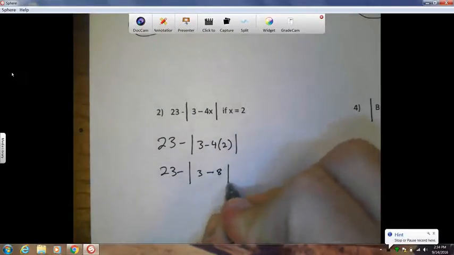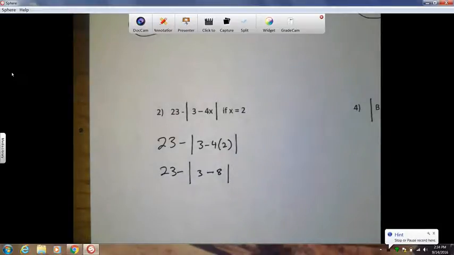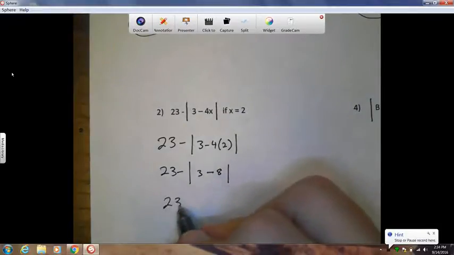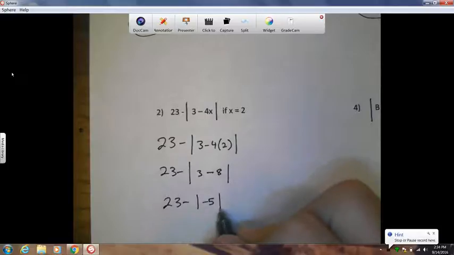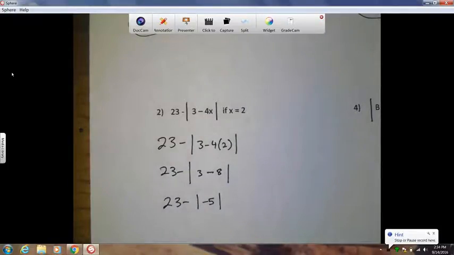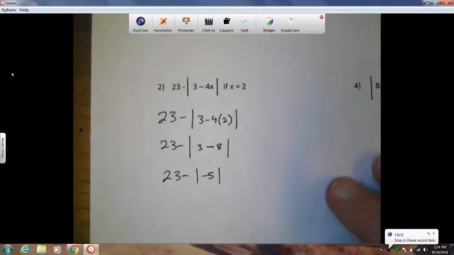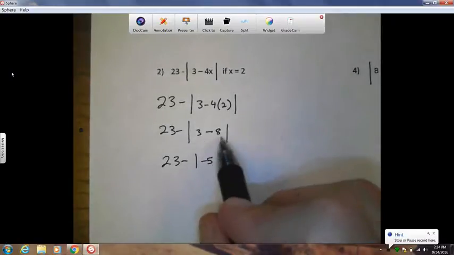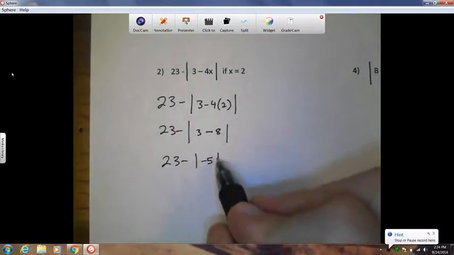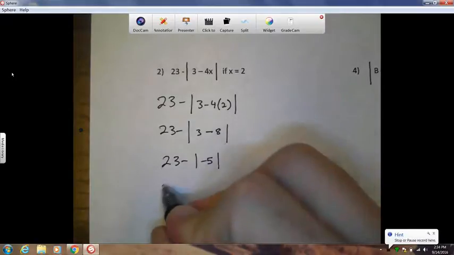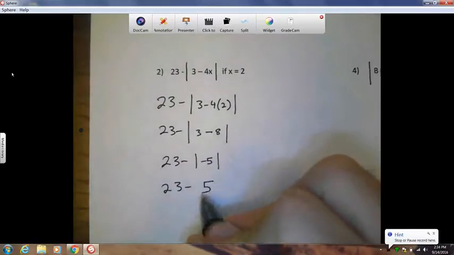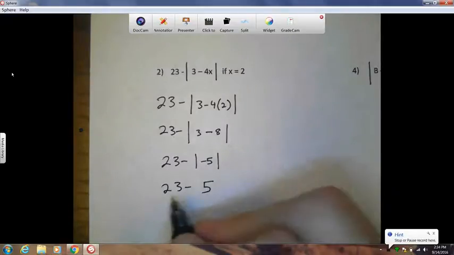Multiplied 4 times 2. And I'm continuing to solve. Now I've completely simplified inside the absolute value bars. Now I'm going to take the absolute value of negative 5, which is 5, and 23 minus 5 is 18.